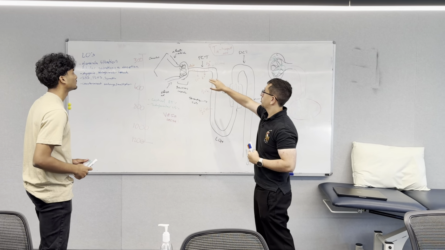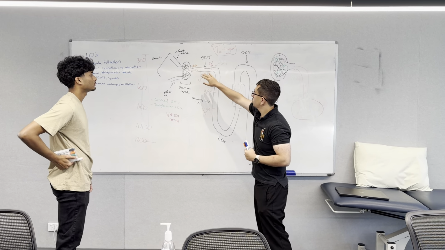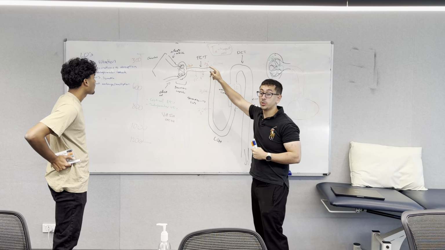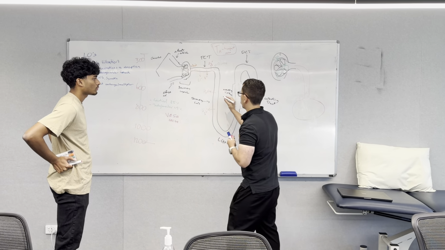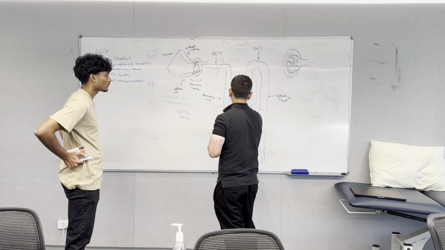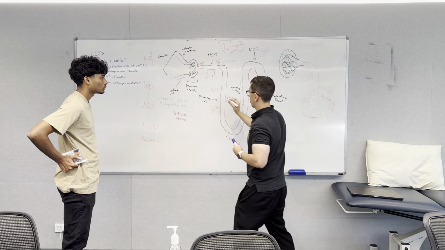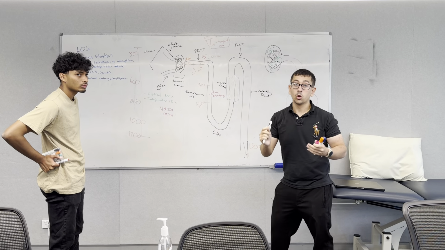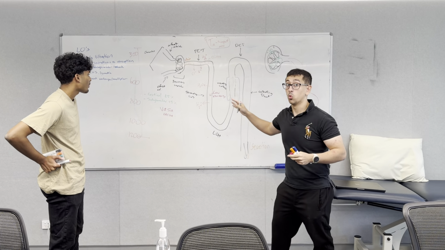And because going through the nephron we've reabsorbed most of it through the proximal convoluted tubule, we actually have low osmolarity in here, okay? Which means we have a low amount of solutes in there, so it's mostly water.